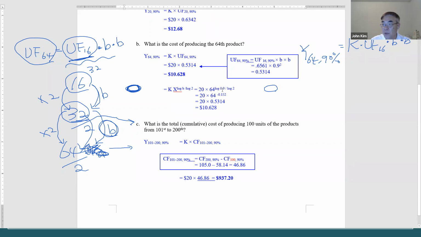This is B, 0.9 for 90%. And log 0.9 divided by log 2 is negative 0.152. To that power, that is 0.5314, the same. This part is unit factor 64. So 20 times 0.5314 equals 10.628.